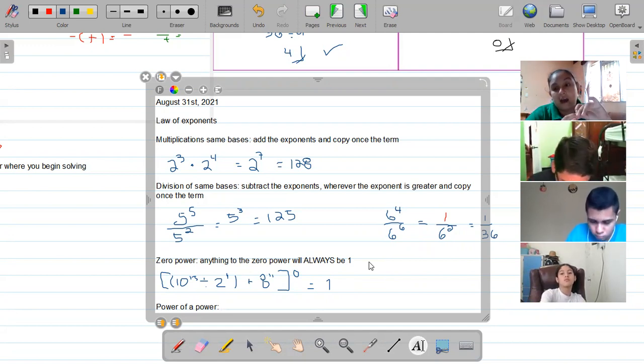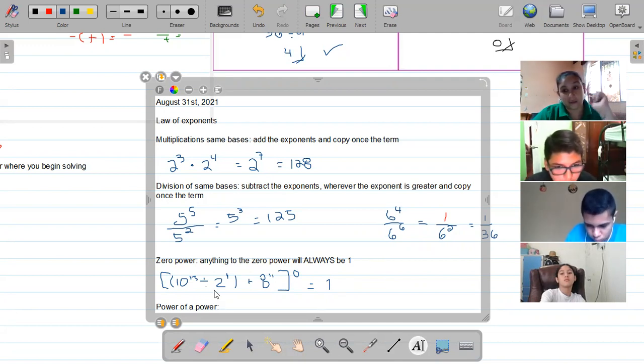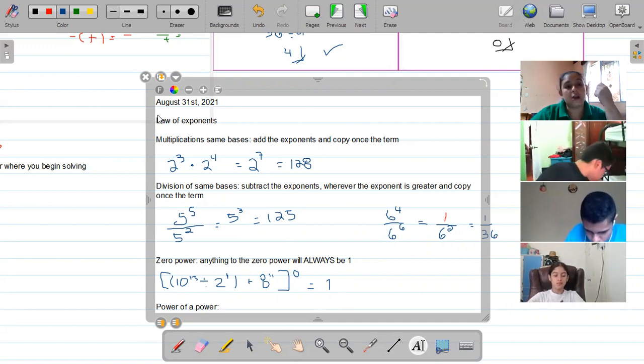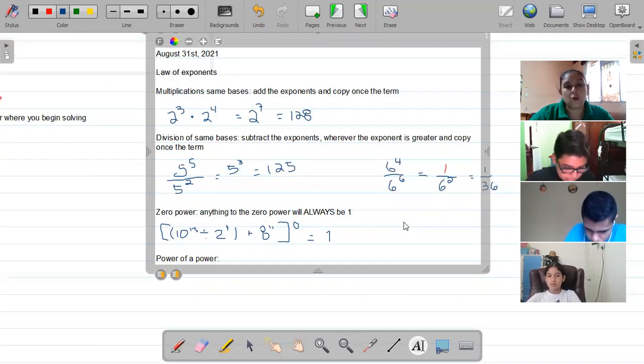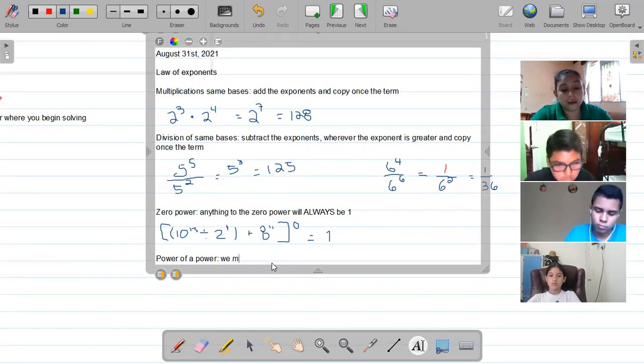So if there's an operation, you cannot use this type of power of a power. It has to be an expression that has nothing more. And power of a power is basically the distributive property.